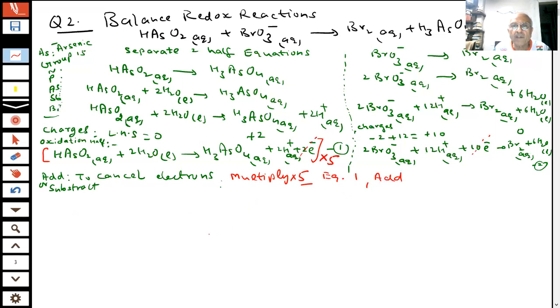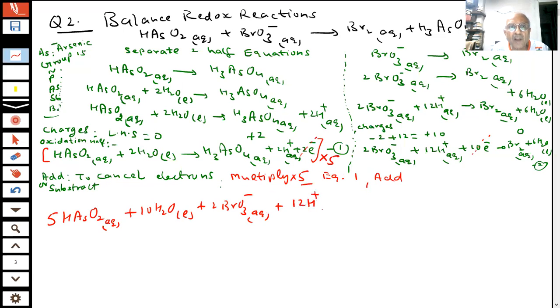What is the answer coming then? 5HAsO2 plus 10H2O liquid, and this side plus 2BrO3 minus aqueous and plus 12H plus aqueous.